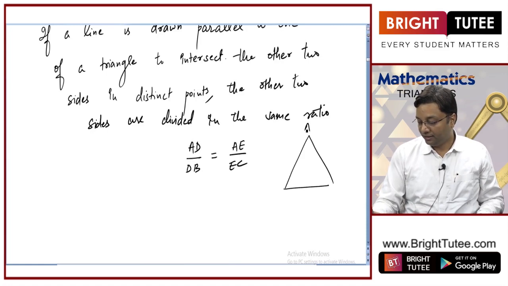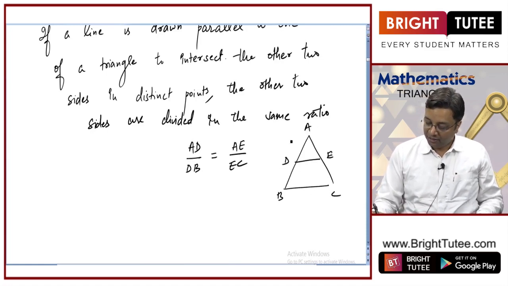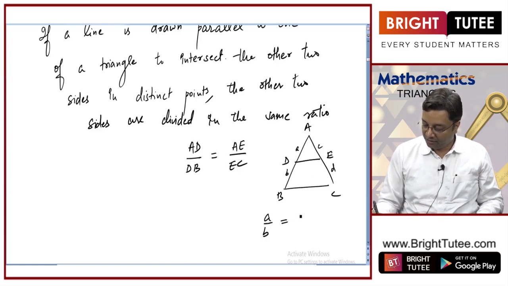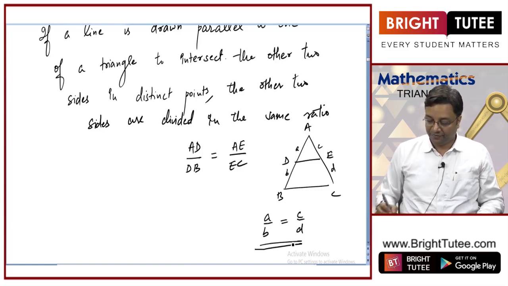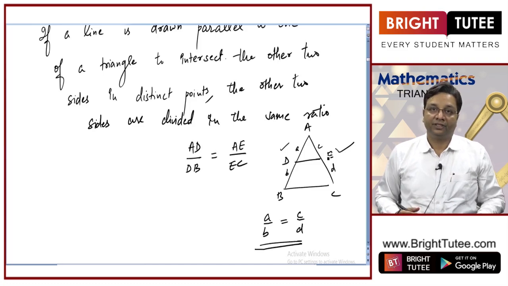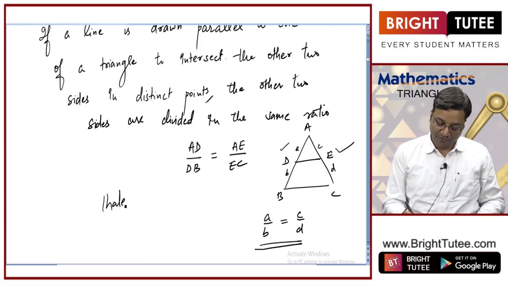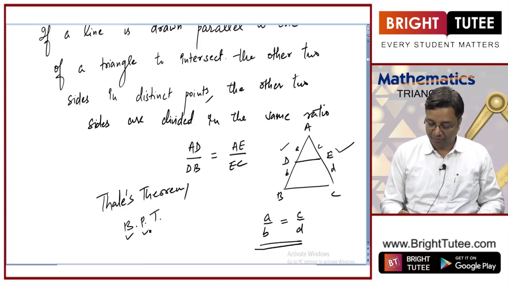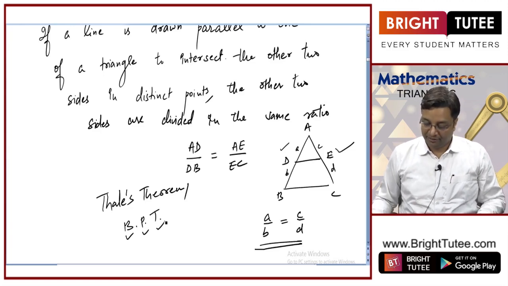This was the triangle ABC and this was the line DE. It divided the other two lines in the same ratio. This is about Thales theorem, or we also know it as BPT, that is basic proportionality theorem, right.